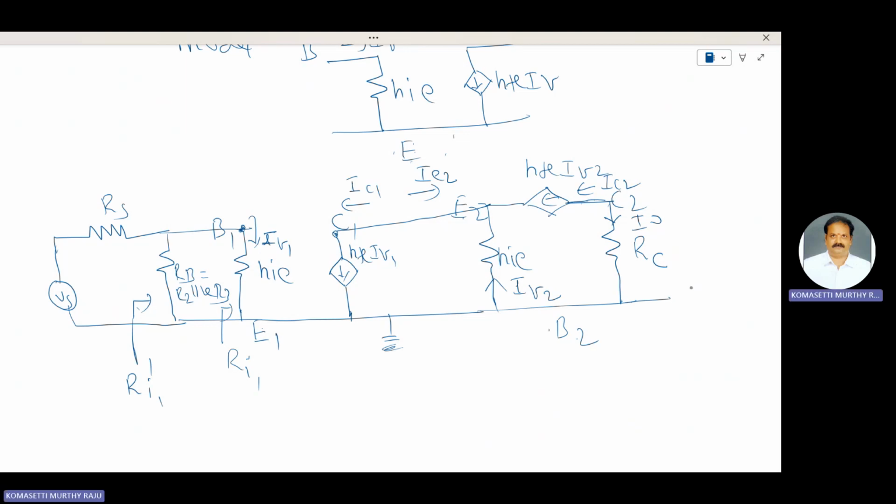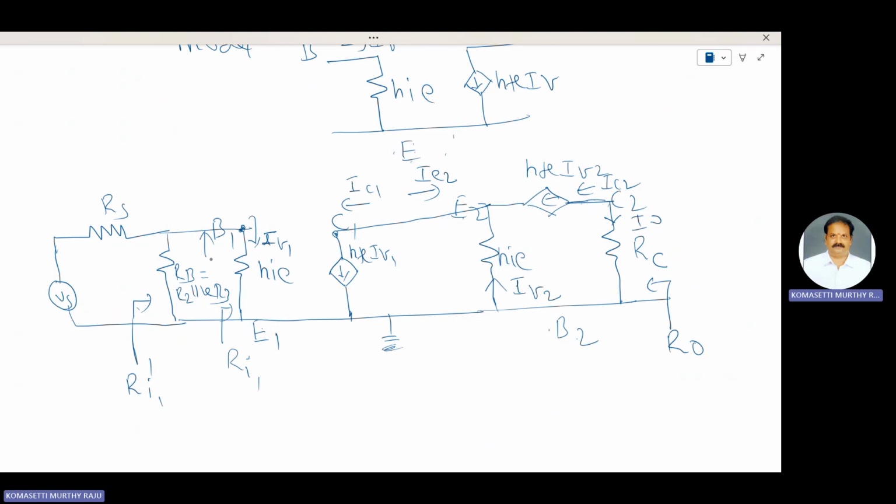Here the output resistance is R0. The input resistance is RI1 dash.